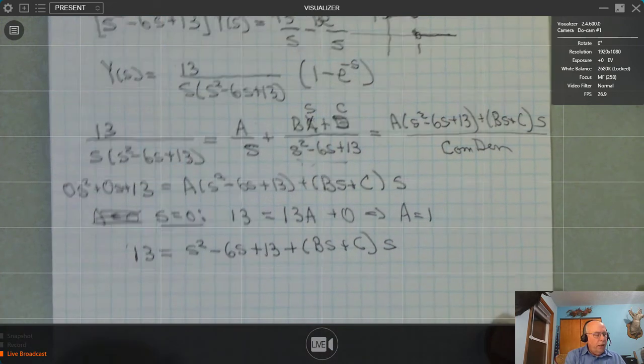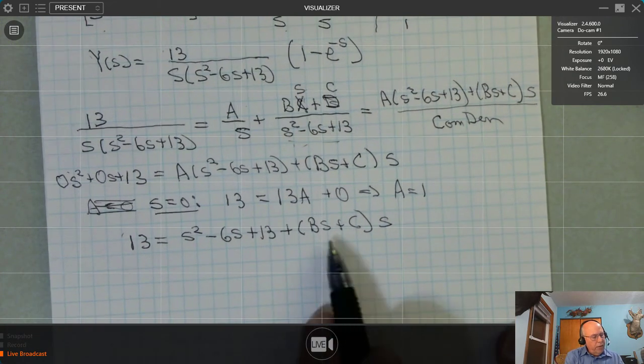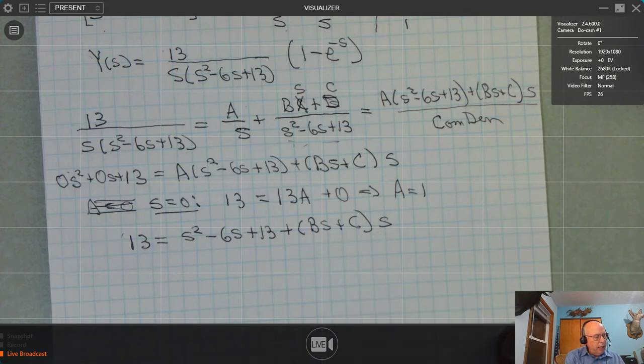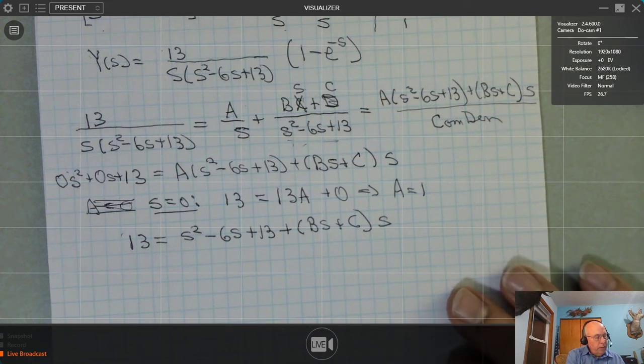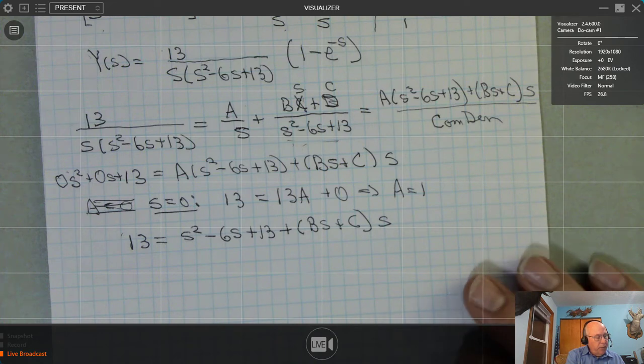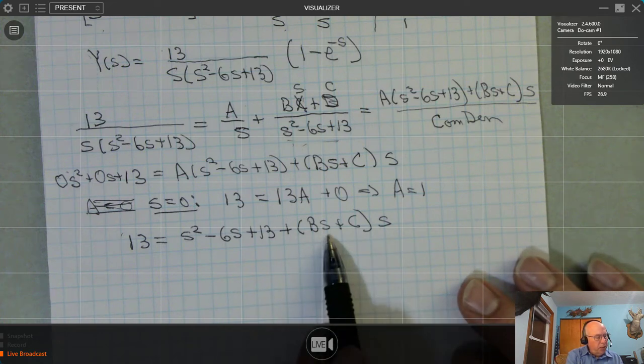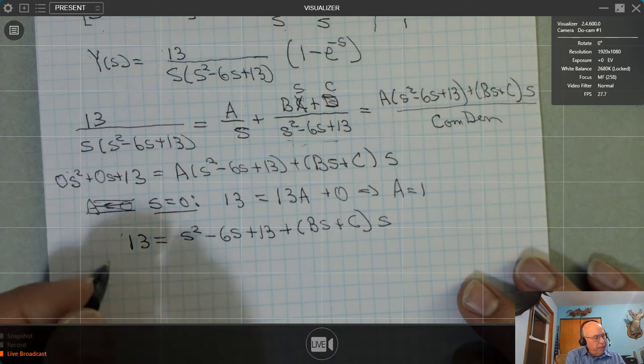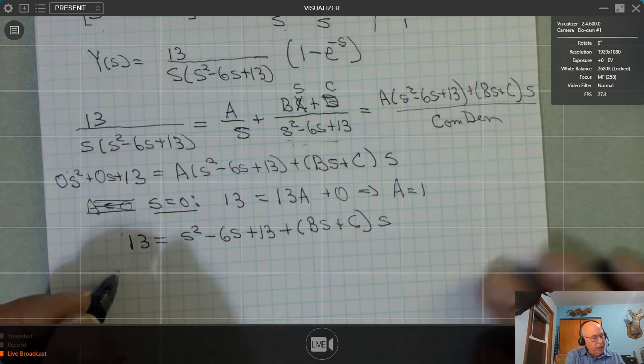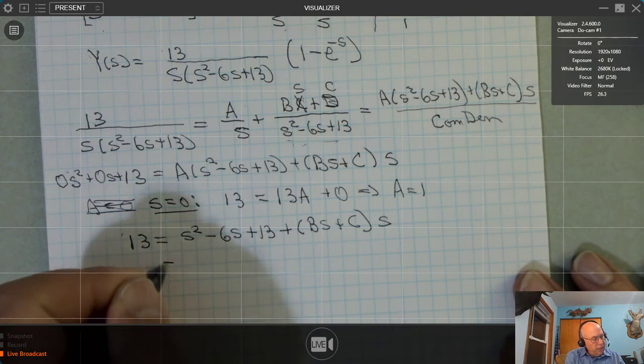Okay. Now, I would like to know what B and C are. We could compute B directly from algebra if we wanted to, but here is a slick trick for cleaning these things up.